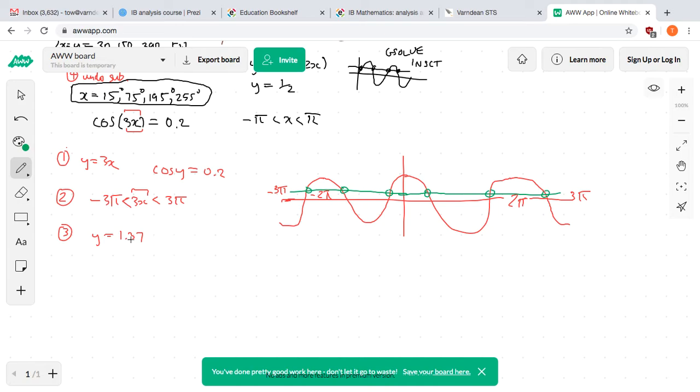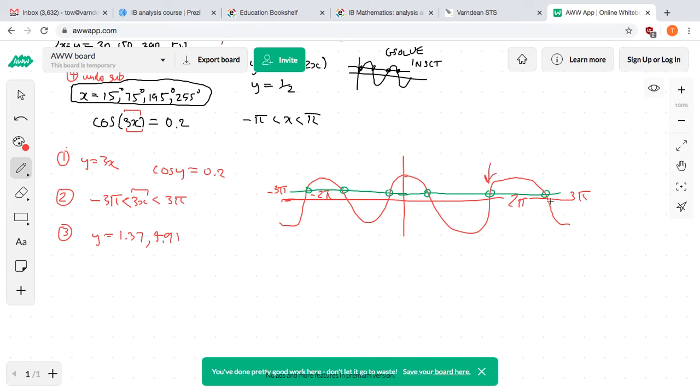So we got one of them, 1.37. How do we get the others? Well, it's standard, like we did last week. Cos being symmetrical in a certain way, you can just do 360 minus, or in this case 2 pi minus 1.37, which is 4.91 for this one here.